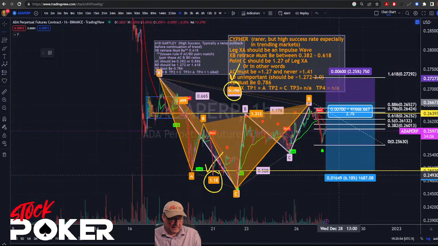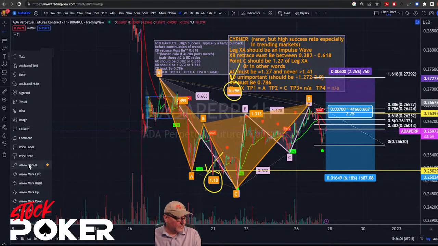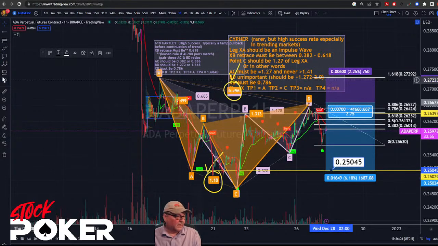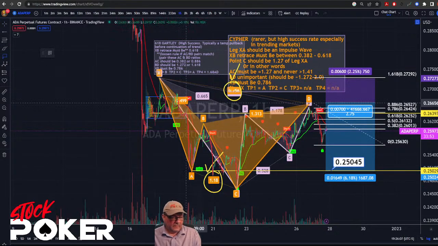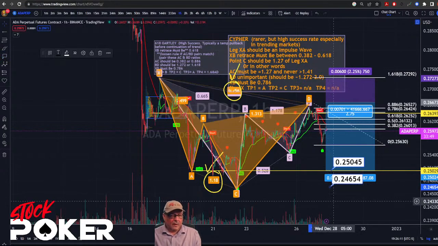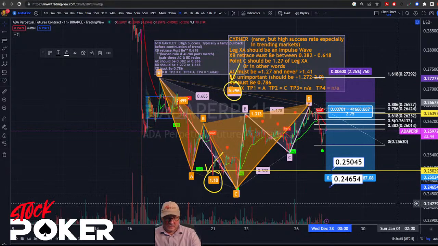Your take profit is right here on the A. Actually, let me just go ahead and throw in some price points here. It would be right here on the A point, and then our other take profit would be down here on the C point.